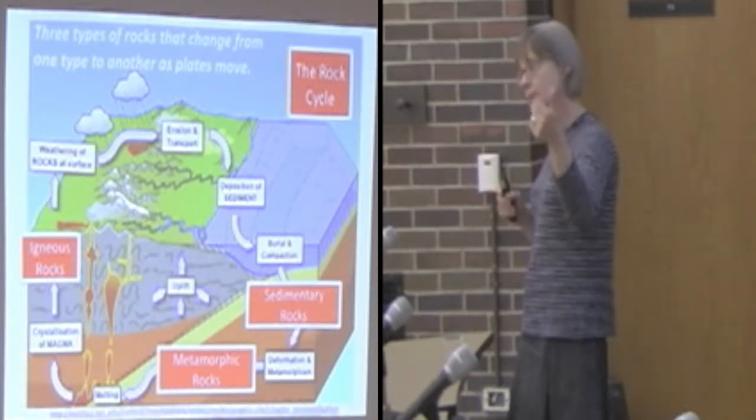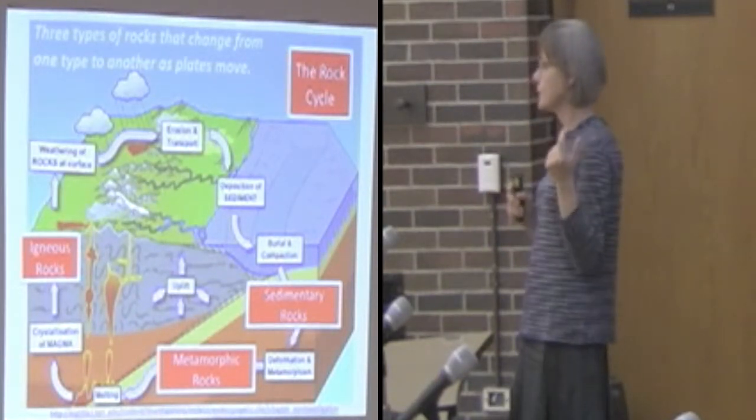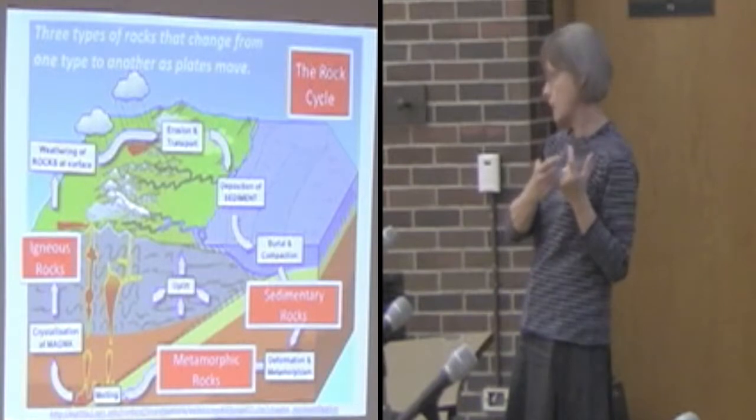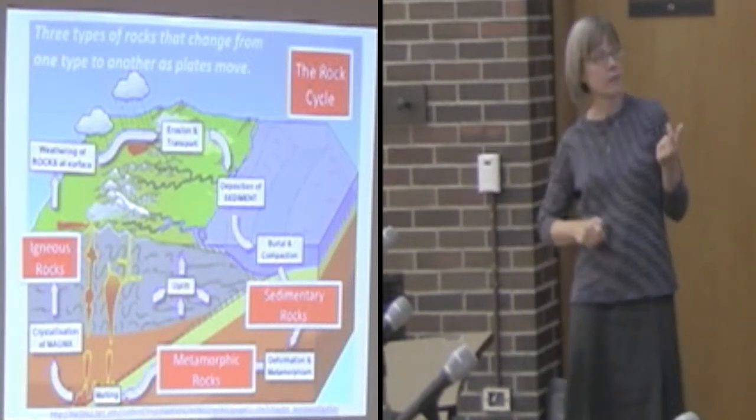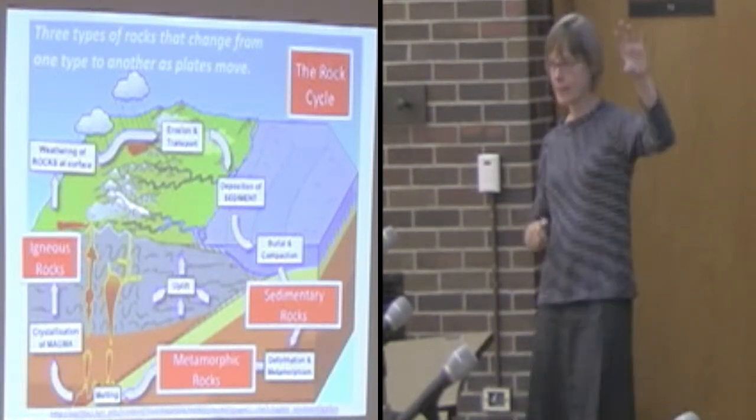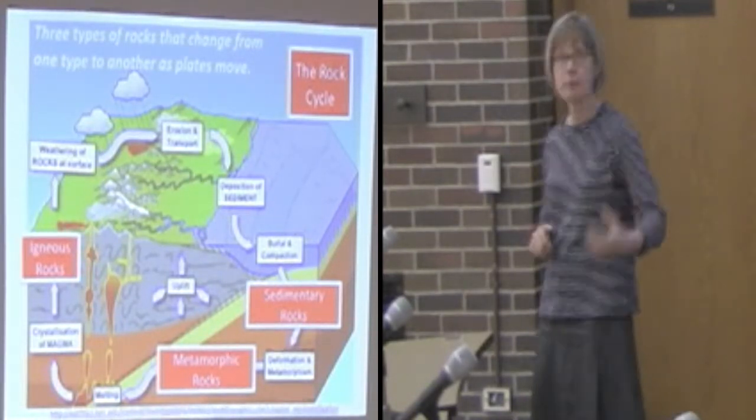Okay, so once we had oxygen and water, we could start adding the third rock to the rock cycle, which is sedimentary rocks. The rock cycle is just the idea that you can take any rock and transform it into another rock.